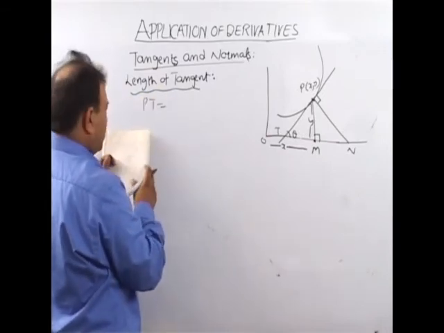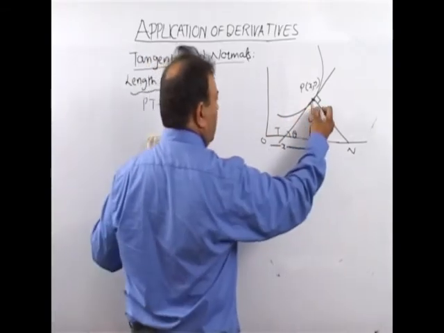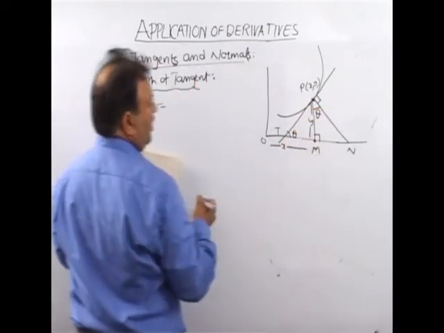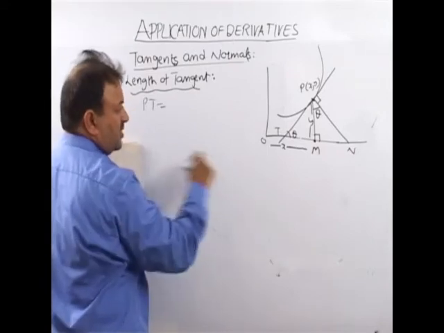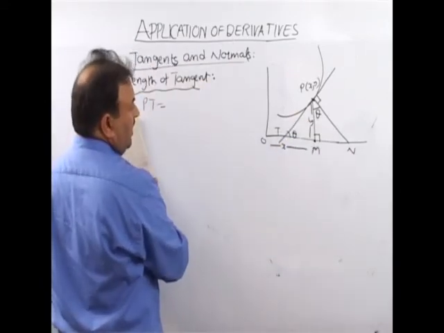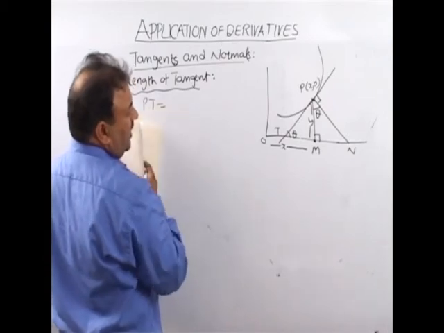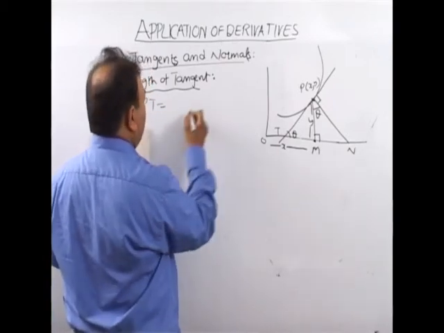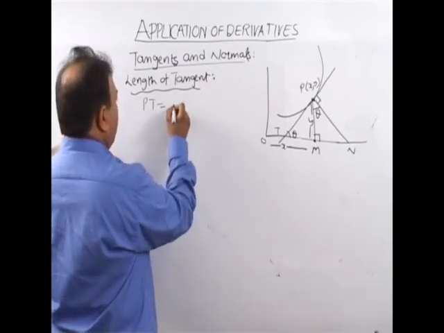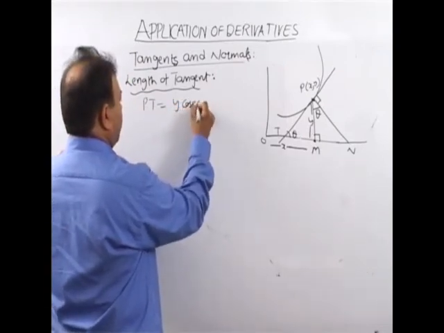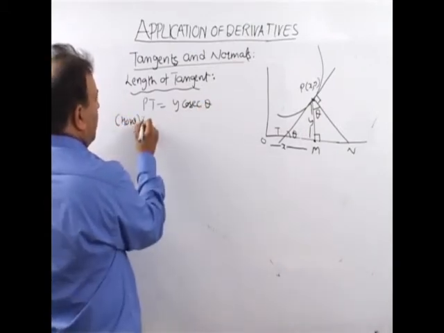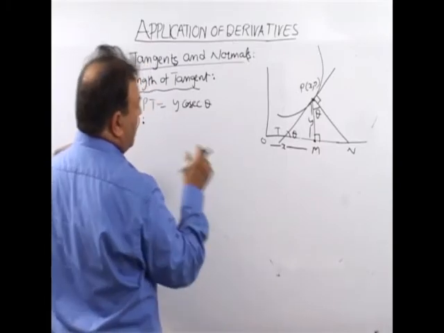PT अब कैसे आएगा? This is angle theta and this angle by geometry I can also say is opposite theta. Now PT आ जाएगा in triangle. PT का जो फार्मूला बना है, it comes out to be y cosecant theta. ये आया कैसे है, हम इसको प्रूव कर सकते हैं. वैसे कोई जरूरत भी नहीं है, बट एक बार प्रूव कर देता हूं आपको.